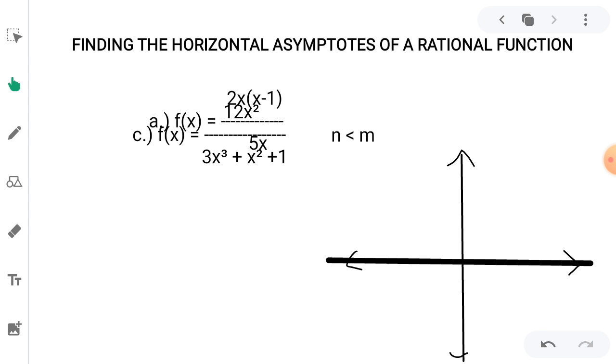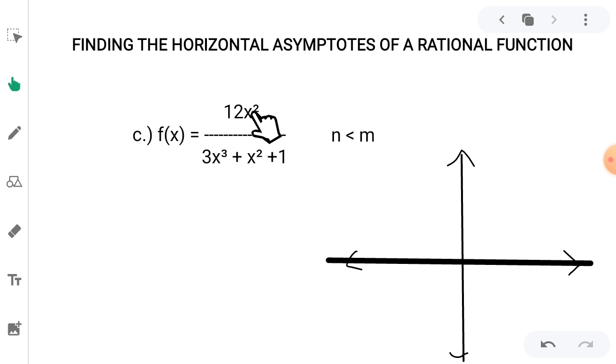So letter C. Here in our letter C, how about if f of x is equal to 12x squared all over 3x cubed plus x squared plus 1.